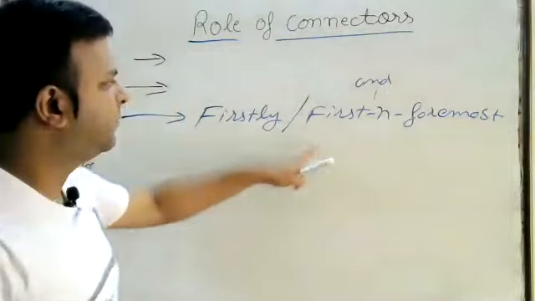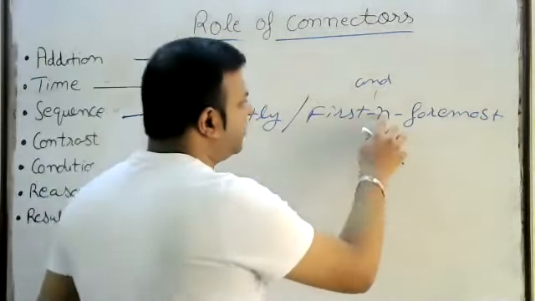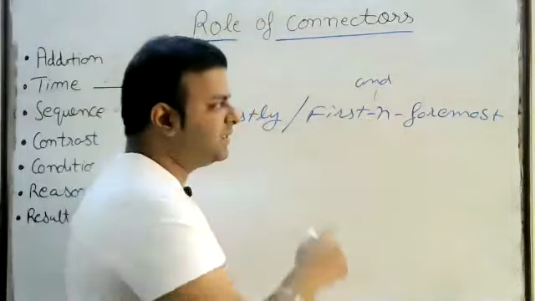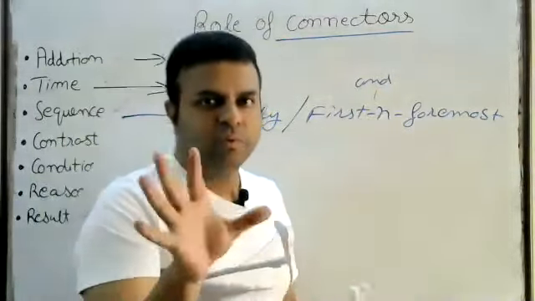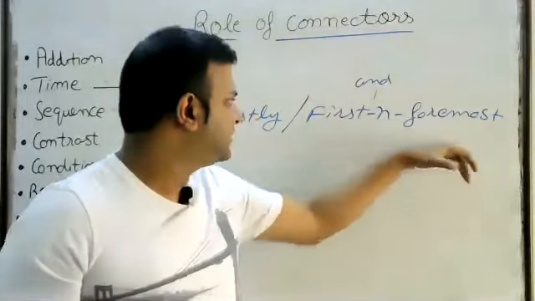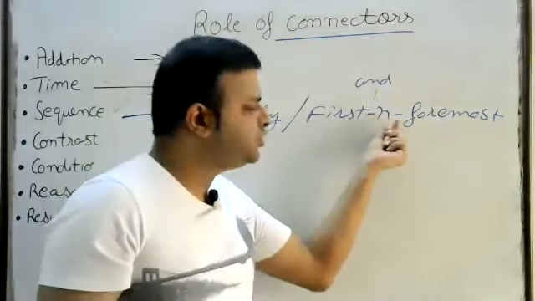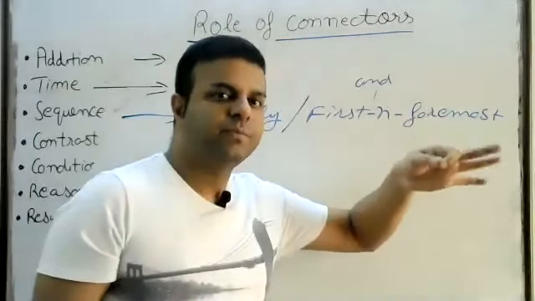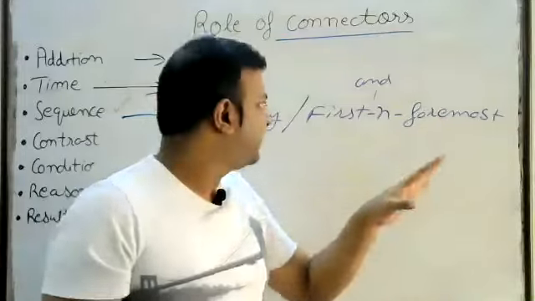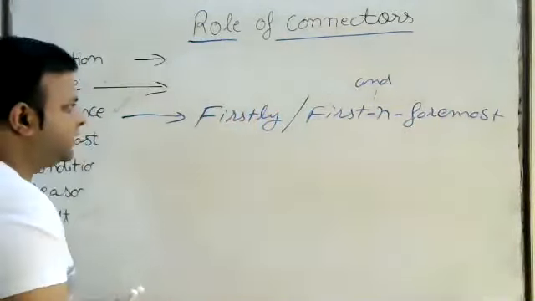I'll be sounding it as first-and-foremost, that's why I have put hyphens here, which means this is one word. It's not one word, basically it's three words: first and foremost. But I'm going to sound it as one word, so I'll be giving very short pauses here. First and foremost. Firstly, you can say.